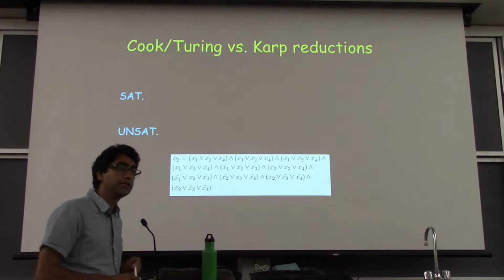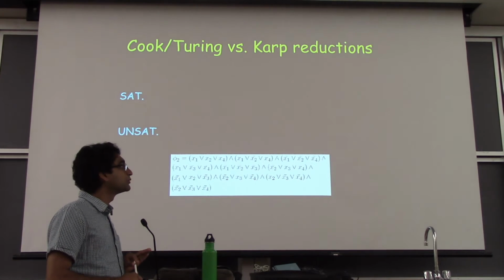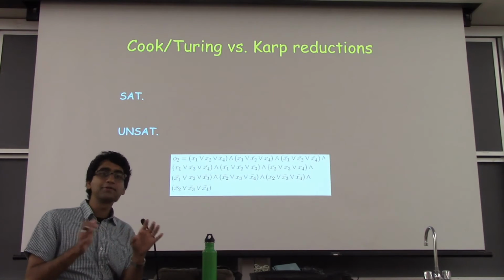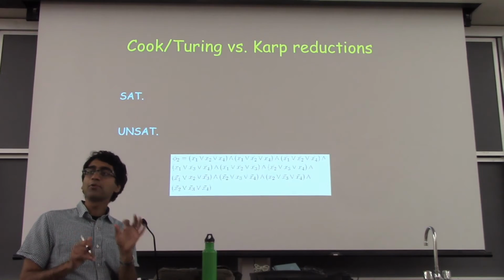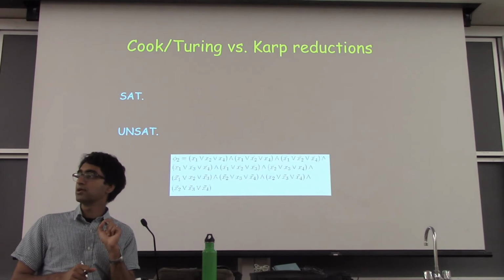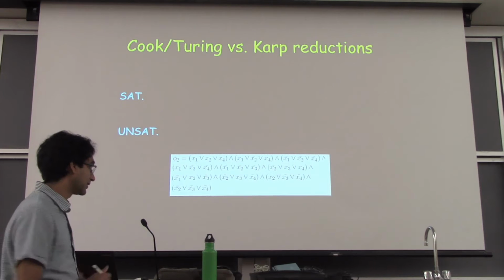We'll get to that in a bit. I just want to highlight the difference between these two reductions. So consider two problems. One is what I call SAT, the other is UNSAT.